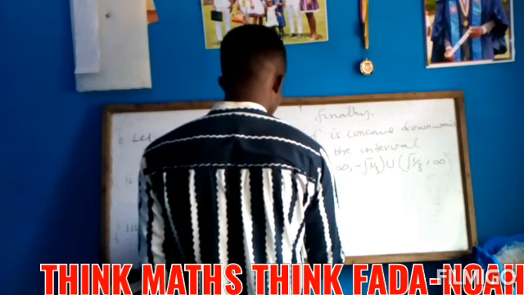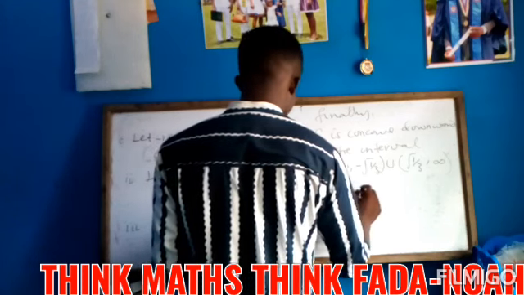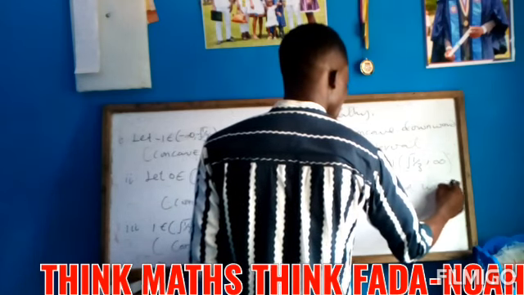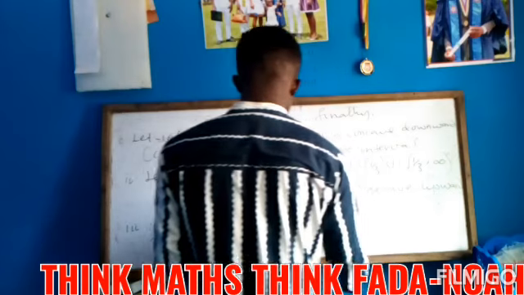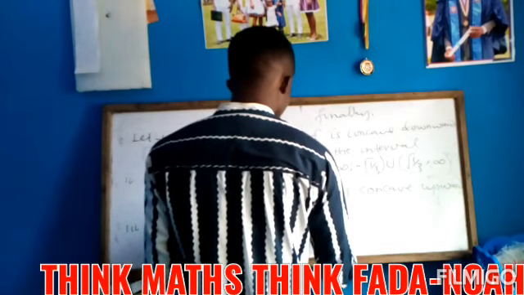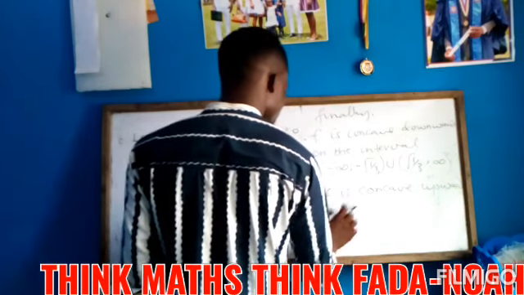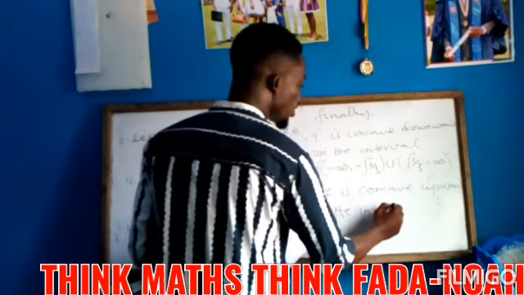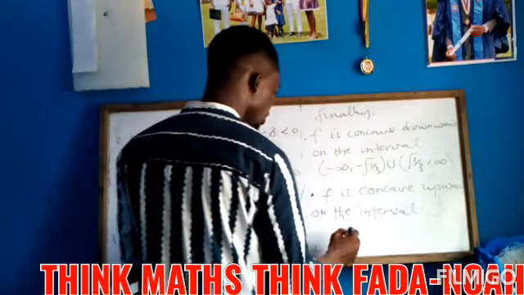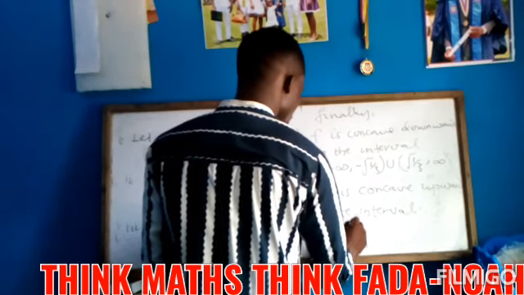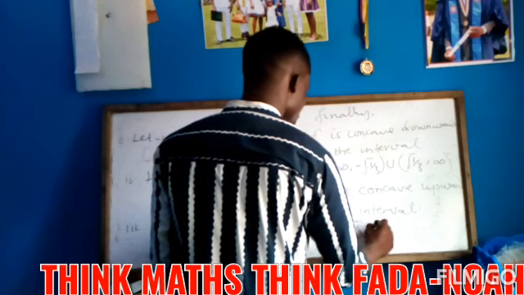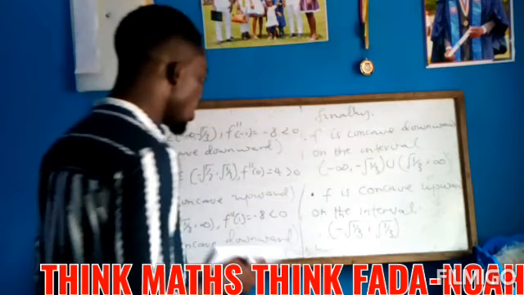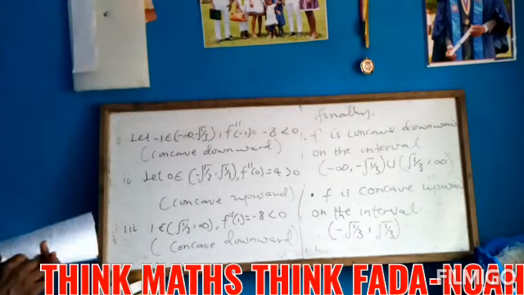So second, f is concave upward on the interval minus root 1 over 3 to root 1 over 3. So that's what we have for the concavity.